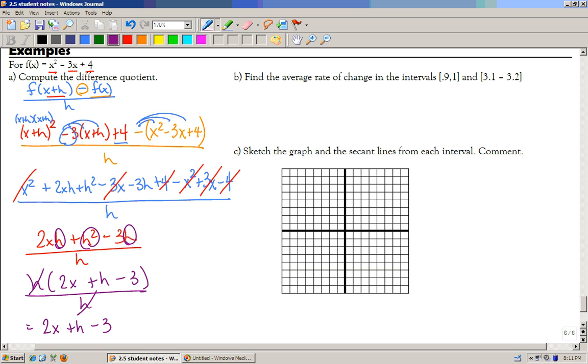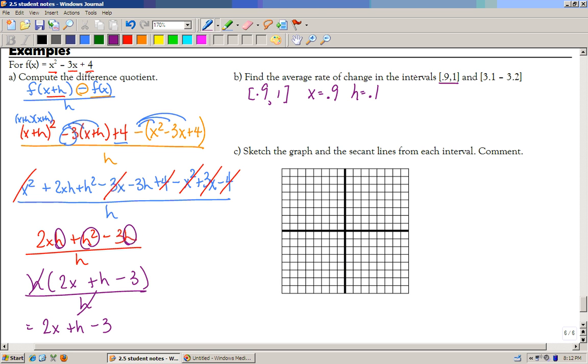So if we're looking at this being our difference quotient, we can use that to find the average rate of change without having to go through all those slope formulas over and over again. So if we're looking at this first interval from 0.9 all the way up to 1, notice that they're pretty close together. We're going to have x coordinate equal to 0.9, and the difference between these, to go from x to x plus h, was increasing it by 0.1.